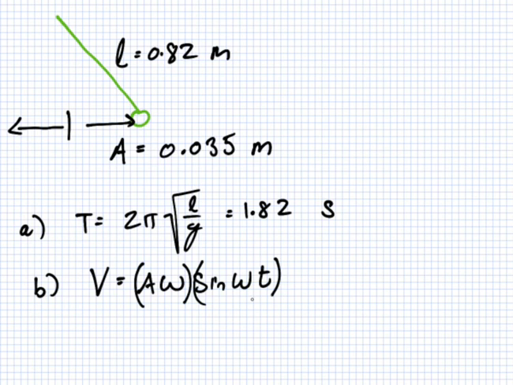Now, if you look carefully at this, you can break it into two parts, A omega and sine omega t. Does anybody know what the maximum sine omega t can be? What's the biggest this could be?